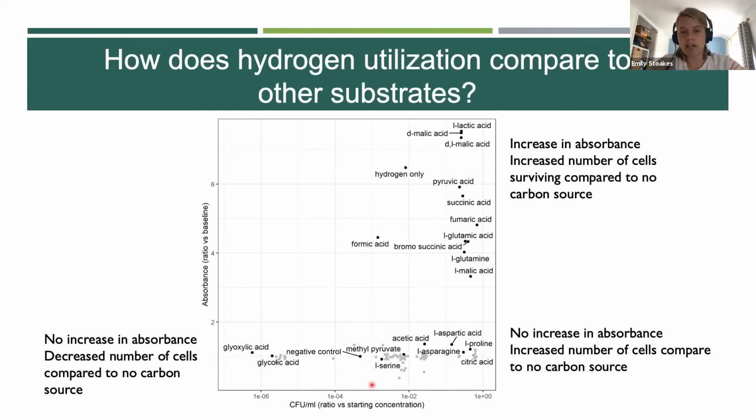These had no color change at all, but there are still an increasing number of cells surviving compared to the no carbon source control. The final group is to the left of the negative control, where there was no color change and there were a decreased number of cells compared to the no carbon source.